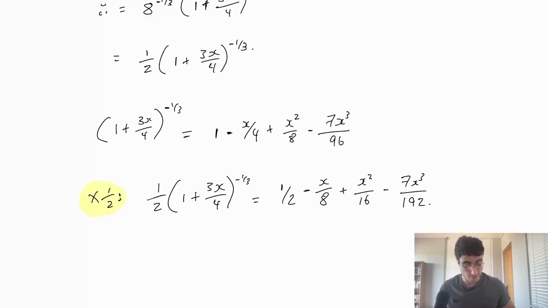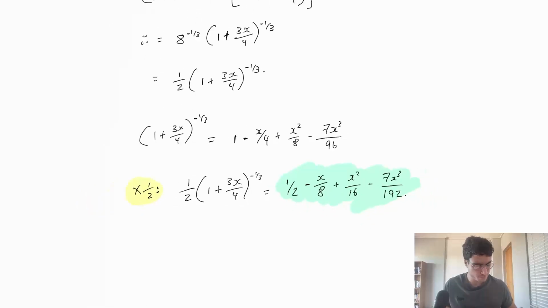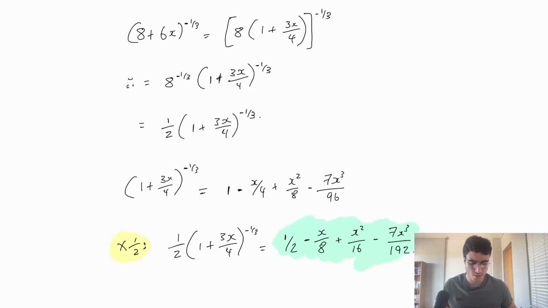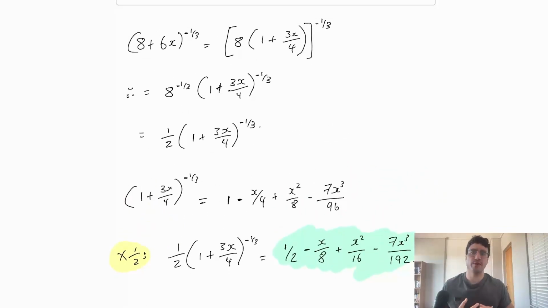So evidently, this wasn't the hardest question in the world, but it illustrates a key point. And that key point is basically that whenever you have a number here that is not 1, we've got an issue. We need to solve that because otherwise our expansion formula just simply won't work.